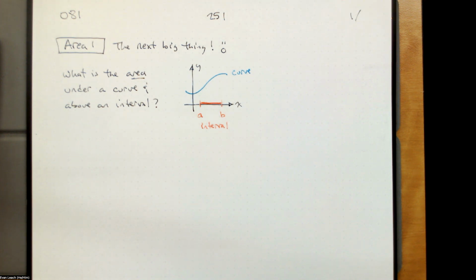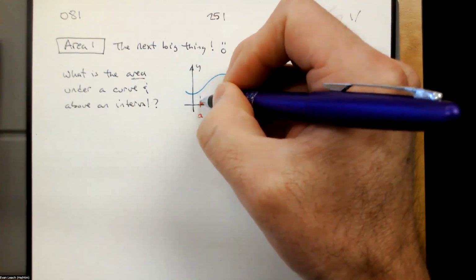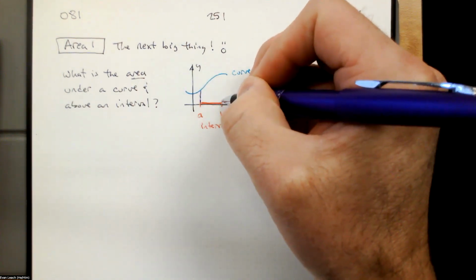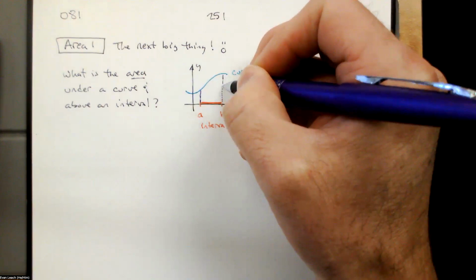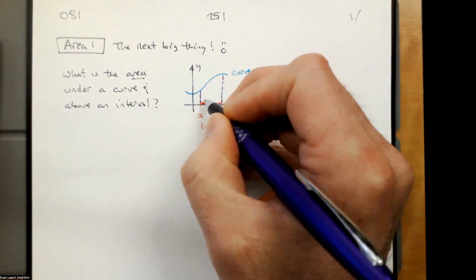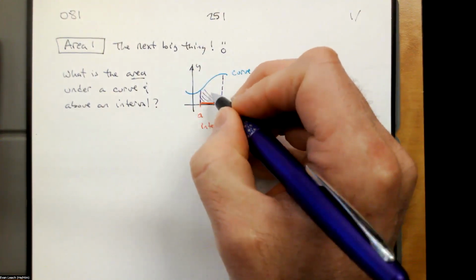We want under a curve and above an interval on the x-axis. This is the area that we're interested in.